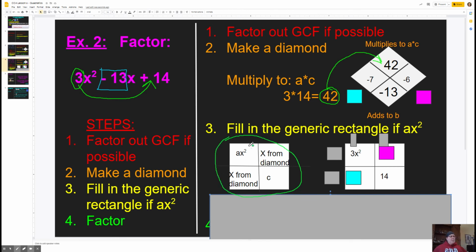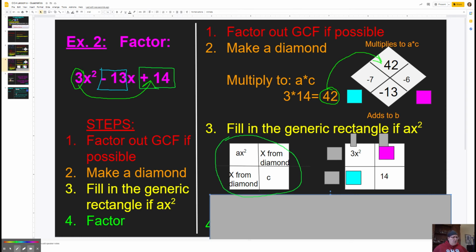So what's going to happen is you're going to take your ax squared term. So in our original problem, that's 3x squared. So it's here in the top left. And then your c, the plain number all by itself, is going to go in the bottom right. And that's this positive 14.